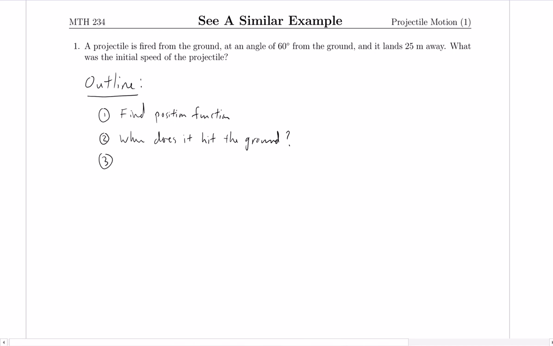And then the last thing we'll do is take our answer from part 2, and plug in our value of t from part 2 into our position function, which we'll call r. We plug our answer to part 2 into our answer from part 1, and set that equal to 25.